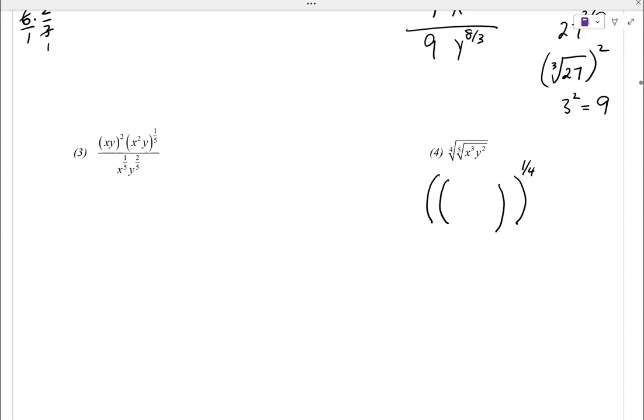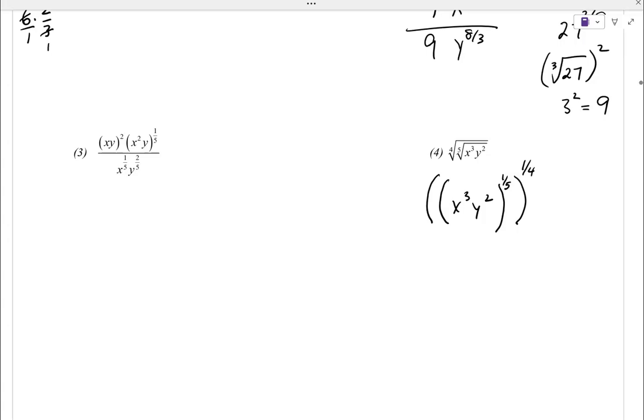A 5th, good. So I've got the 5th root of this and then a 4th root of that whole thing. You see it? Okay. Now, why did I write it this way?